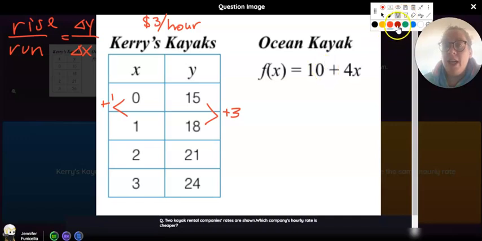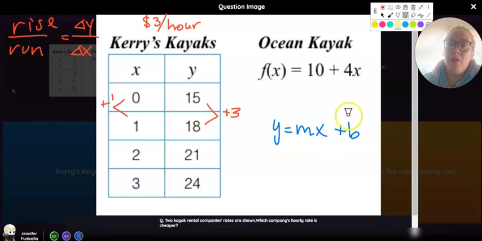And for ocean kayak, we have a function equation. So this is our slope-intercept form, which is y equals mx plus b. So just remember your slope is m. That's whatever is in front of x, right?